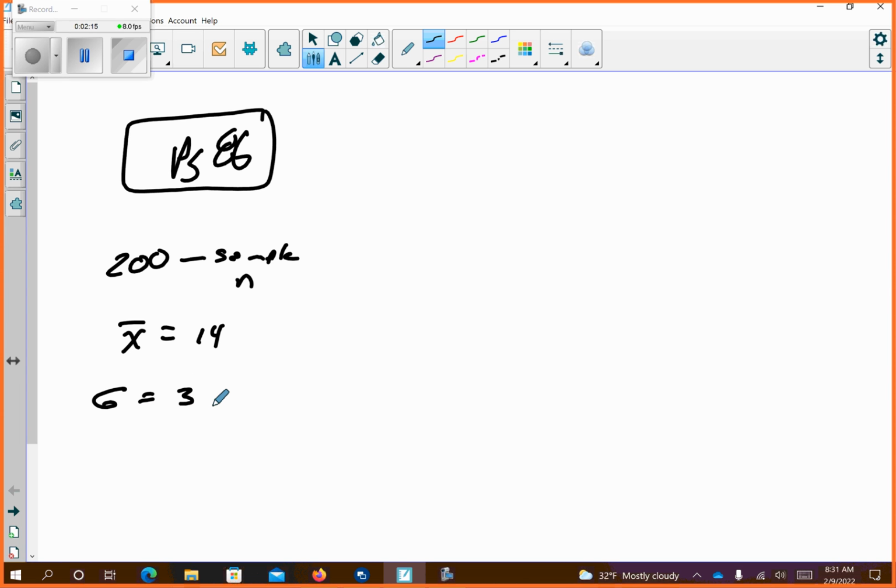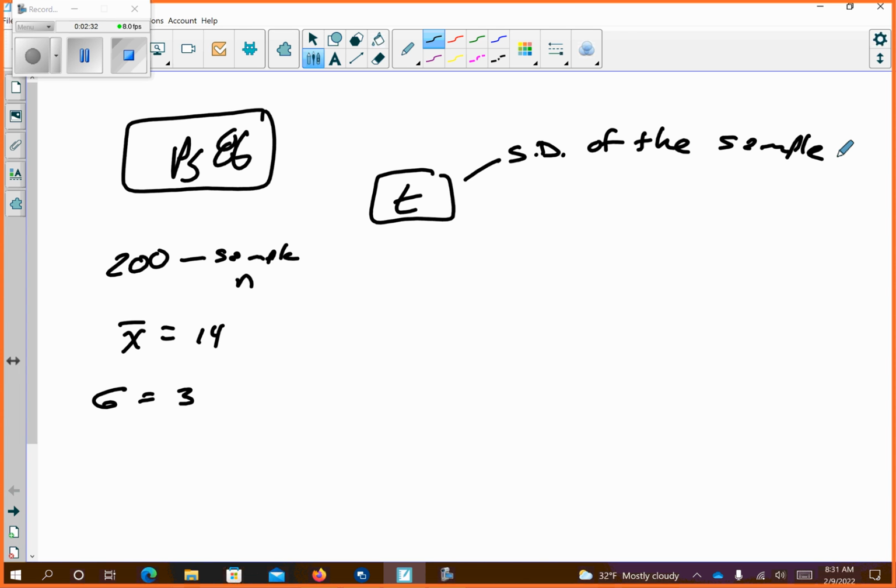Okay? So this is going to be a T sample because we have the standard deviation of the sample. Still with me? And that's going to be a big pivotal part for using the T-table.